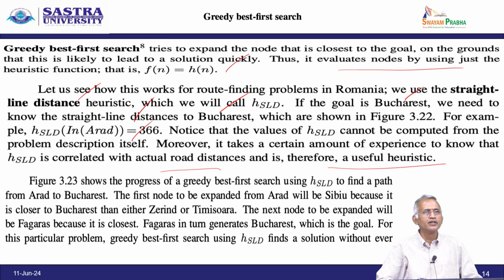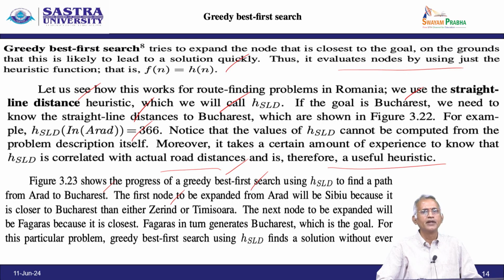Figure 3.23 shows the progress of the greedy best first search using h SLD to find a path from Arad to Bucharest. The first node to be expanded from Arad will be Sibiu, because it is closer to Bucharest than either Zerind or Timisoara.